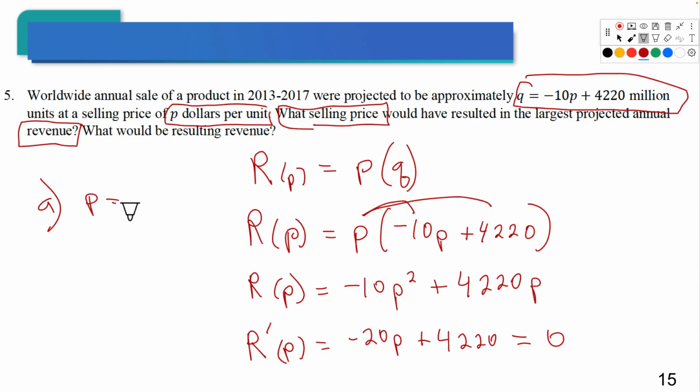So we're going to get P equals, subtract 4,220 and then divide by negative 20. So this one is going to lead us that P would be equal to negative 4220 divided by negative 20, which is 211.